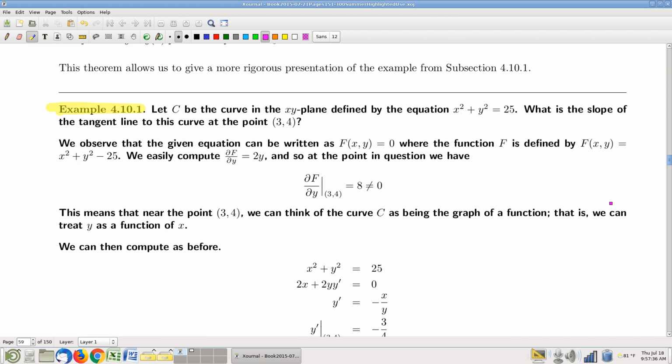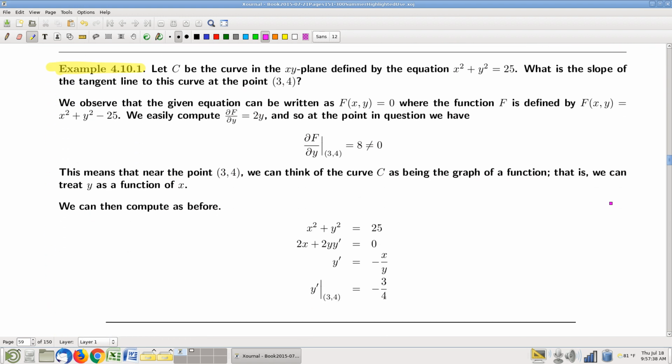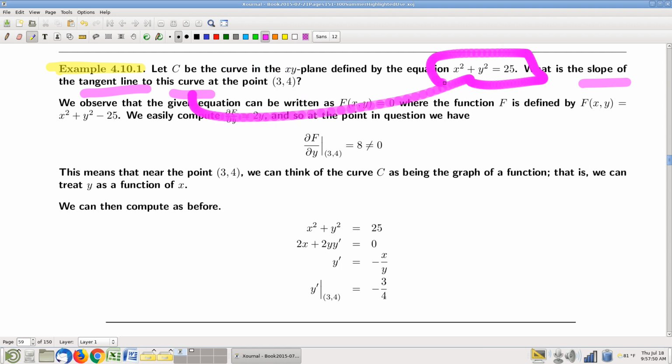So here's what I would like to see on a Math 212 exam. If you are asked to find the slope of the tangent line to a certain curve at a particular point, and where the curve is described by an equation, which, by the way, is a level set of a specific function f, if you find yourself with this scenario, you can't just jump straight to here.